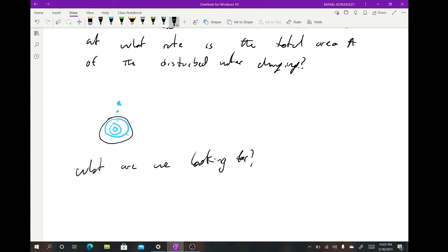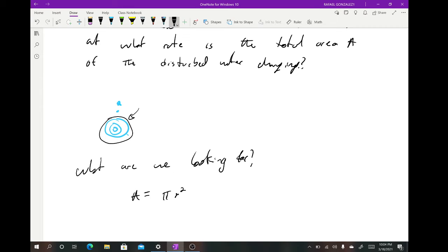Well, because we are working with circles, notice that this is a circular motion. Because we're working with circles, we could relate the radius of these circles with the area of a circle, with the formula for the area of a circle. If you recall from 8th grade algebra class, the area of a circle is equal to pi r squared.